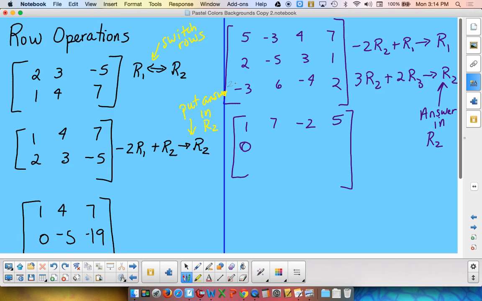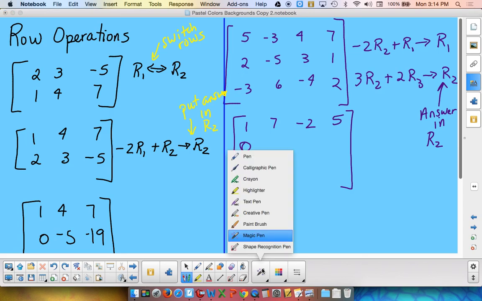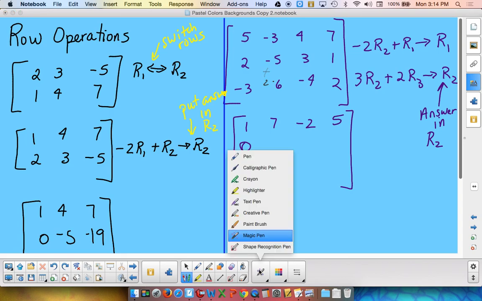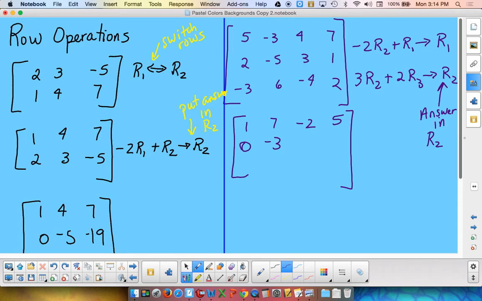Hey, we got what we wanted. Okay, keep doing it. This time I'm taking 3 times row 2 plus 2 times row 3. So that'd be -15 plus 12, which is -3.